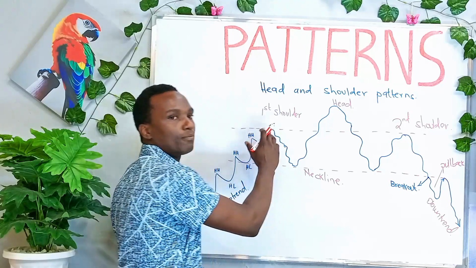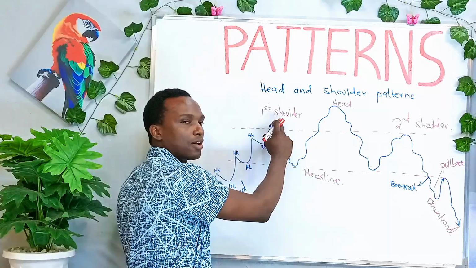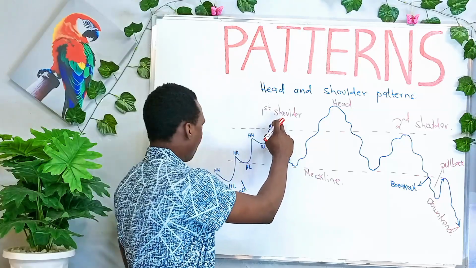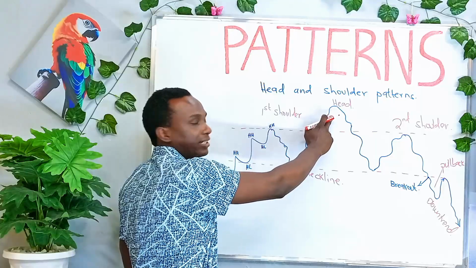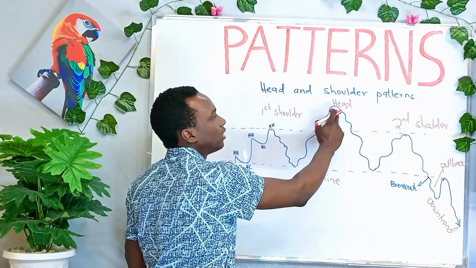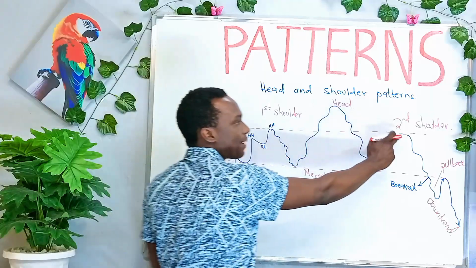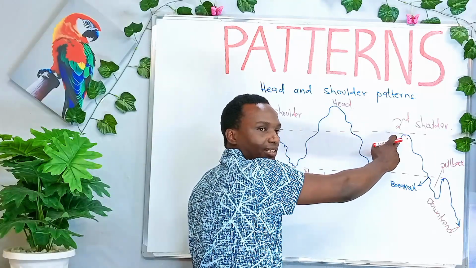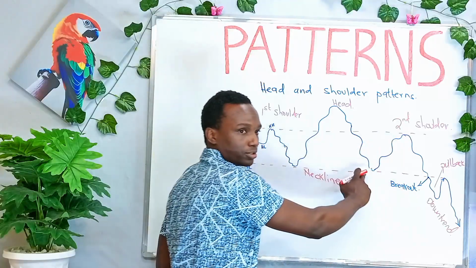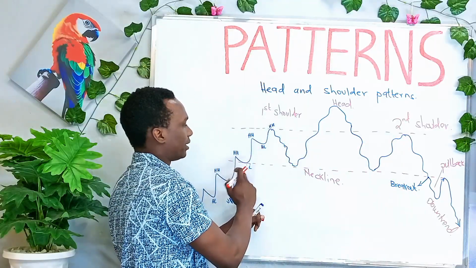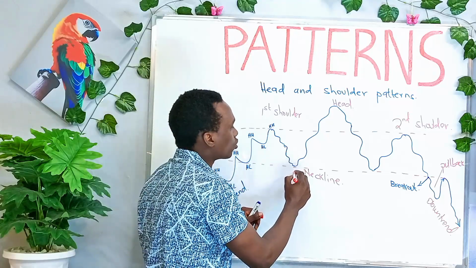It forms the first peak, which is the first shoulder, followed by the second peak, which is a higher peak, which is the head. And then another peak, which is the second shoulder. In this formation, a neckline is formed connecting the lowest points of these two shoulders.